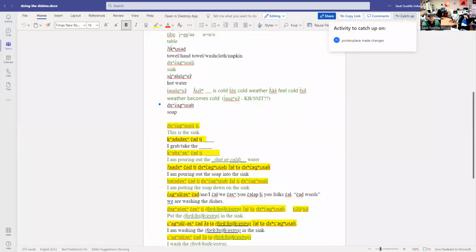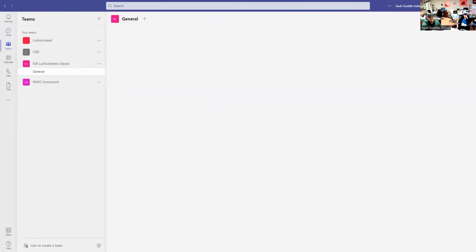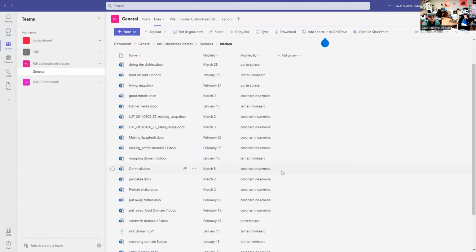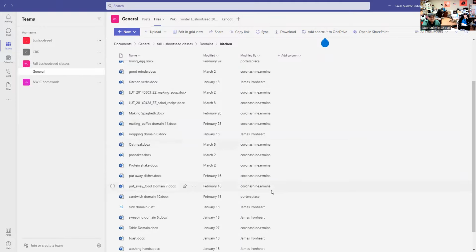Order space made changes. Okay, that's fine. These things you can make changes as you want on the teams if you want. I don't know why it did that. It's fine. It does say it on all of them.